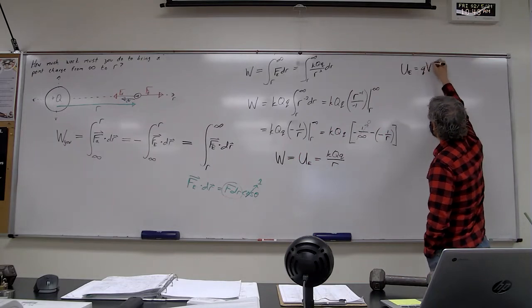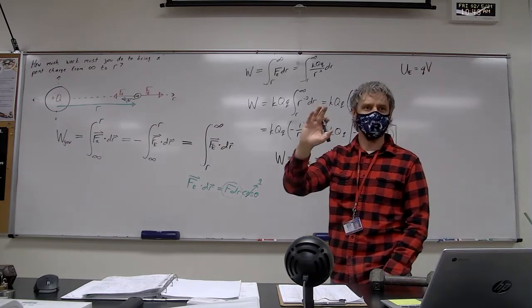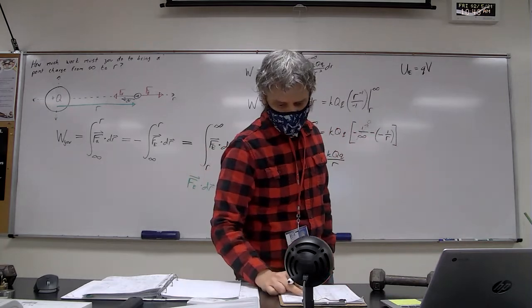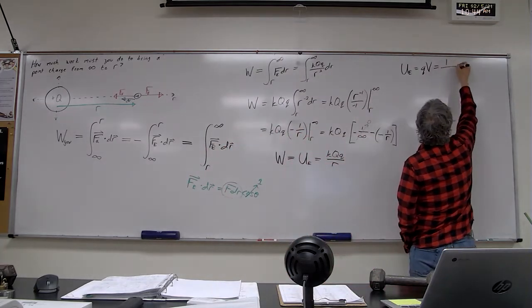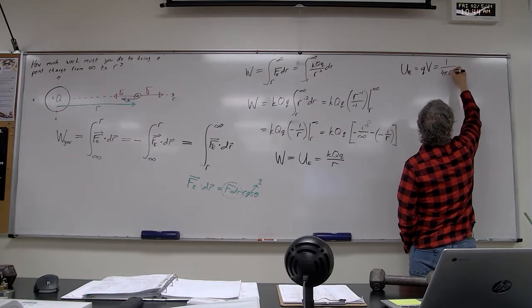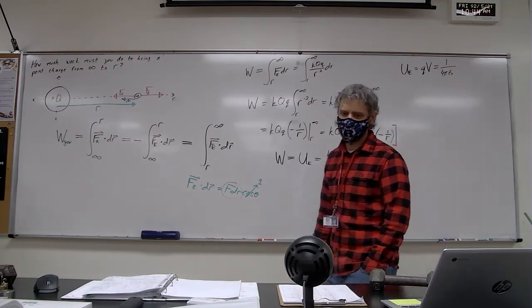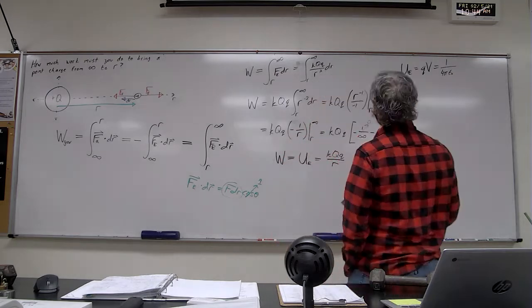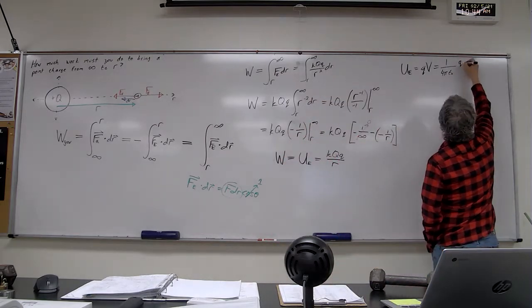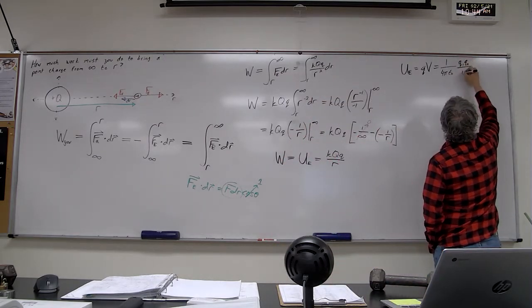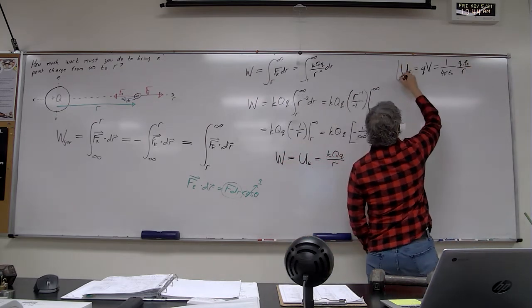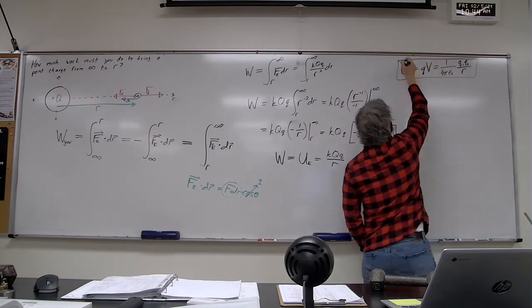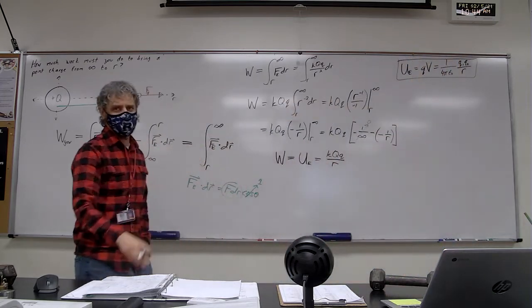Q times capital V, which we'll get to next week, which is equal to 1 over 4 pi epsilon naught, otherwise known as k, times Q1, Q2 over r. Okay, that is the potential energy. That's what's on the formula sheet. We'll talk about what QV means next week.